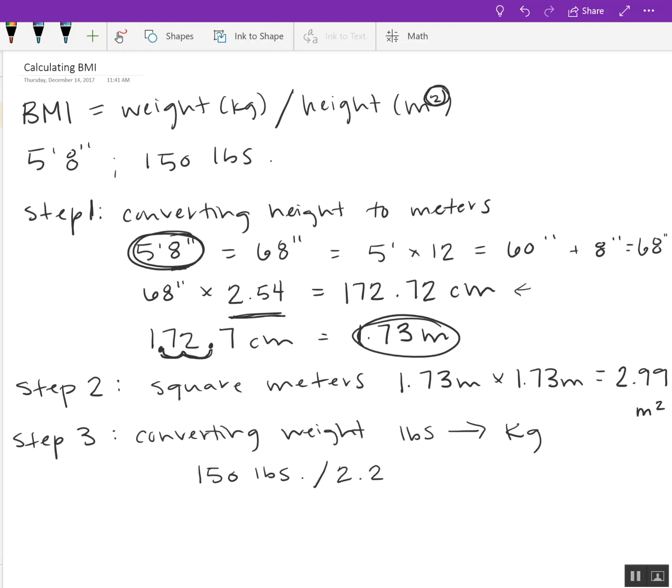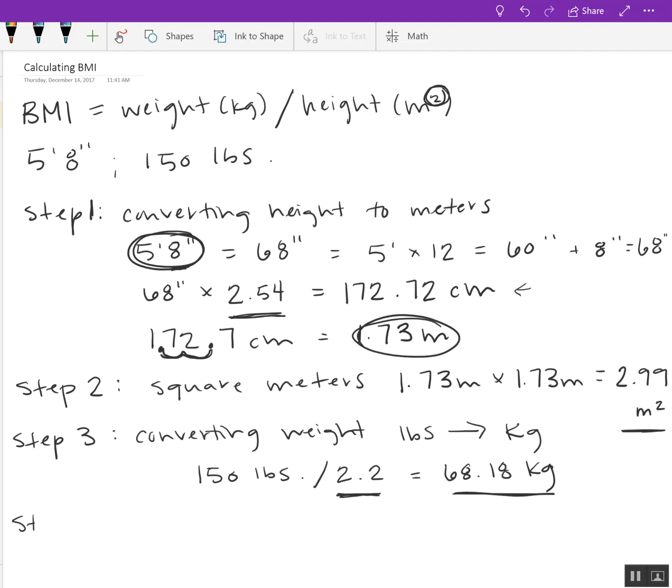Again, this is a conversion factor, a constant. When we are converting pounds to kilograms, we divide by 2.2. That gives us 68.18 kilograms. Now we're in pretty good shape. Now we've got what we need to calculate BMI: we've got kilograms and we've got meters squared.